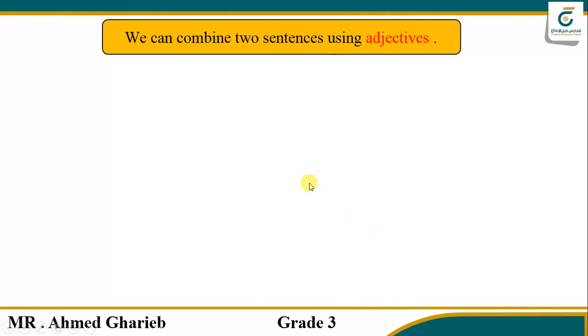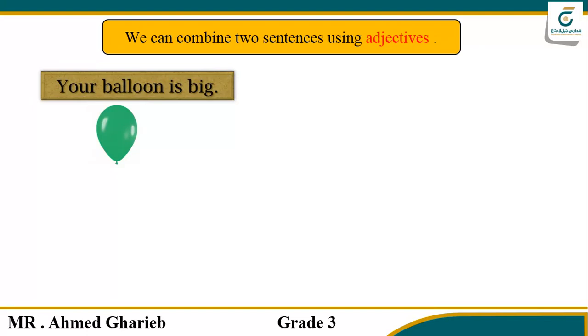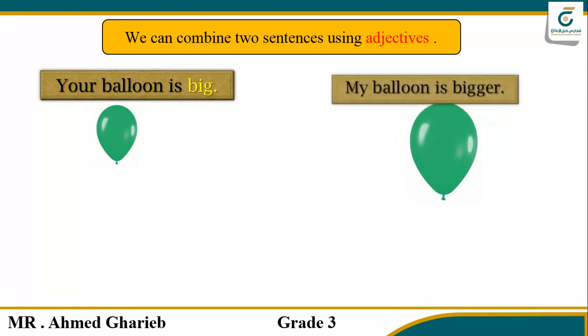Also we can combine two sentences using an adjective. How? Okay, look at this example. Your balloon is big. So the adjective is big. My balloon is bigger. It is the same adjective.